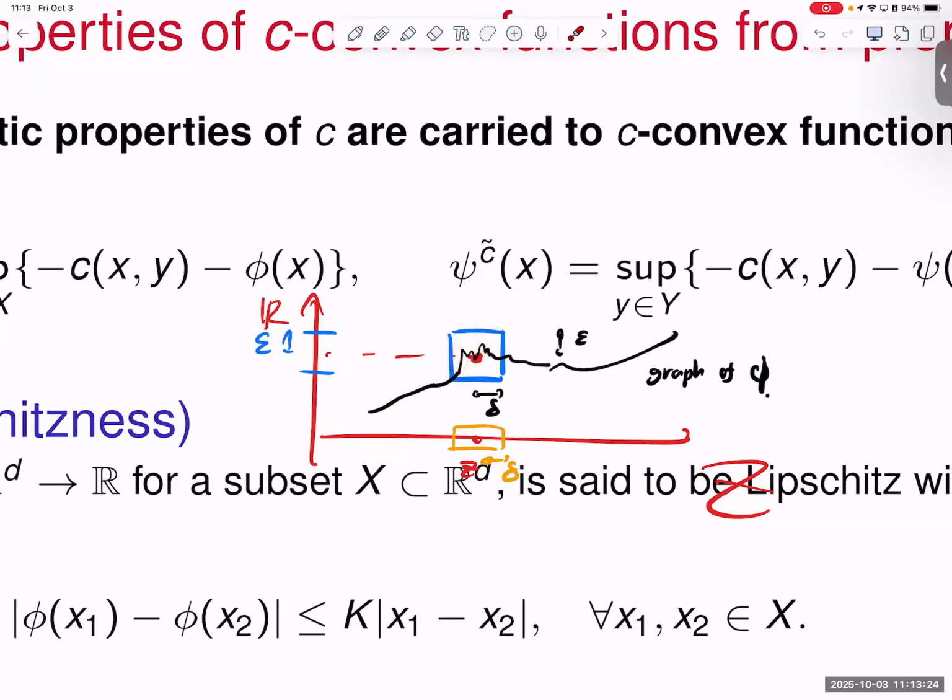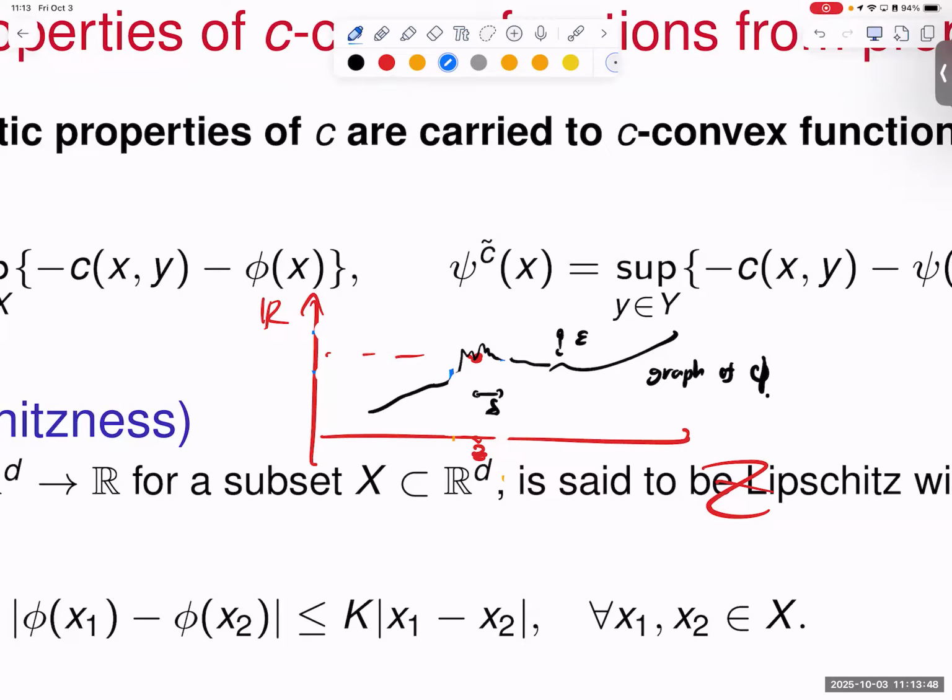What is Lipschitzness? Lipschitzness is similar, but you don't have epsilon and delta anymore.